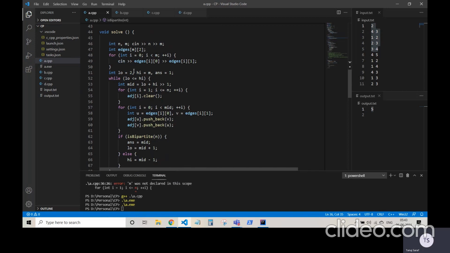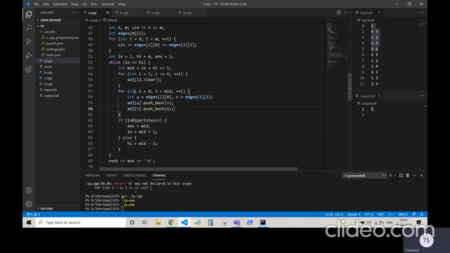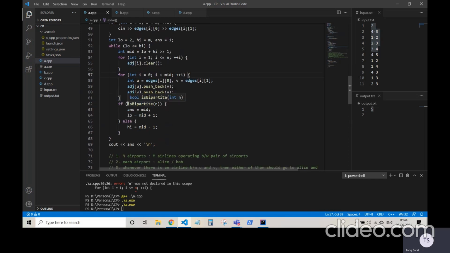We take all the edges. While we still have a search space, we clear the adjacency list and then we insert all the edges u comma v for the first mid number of edges, and then we check if the graph is bipartite.